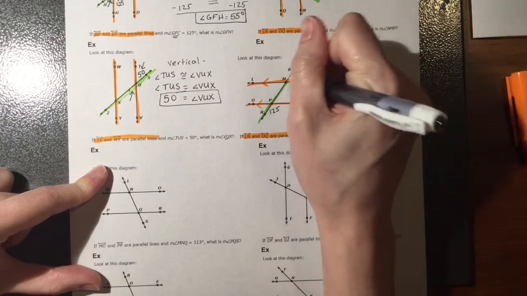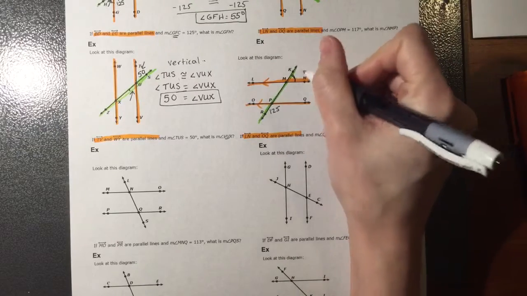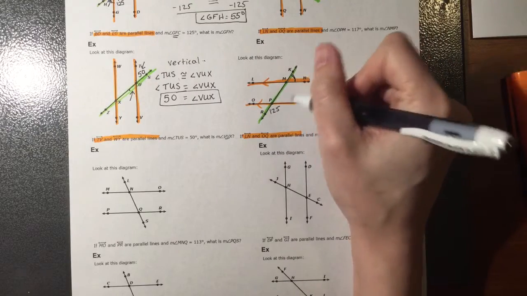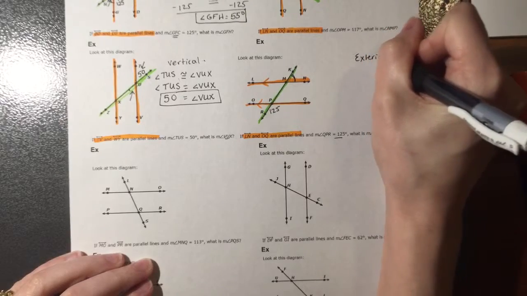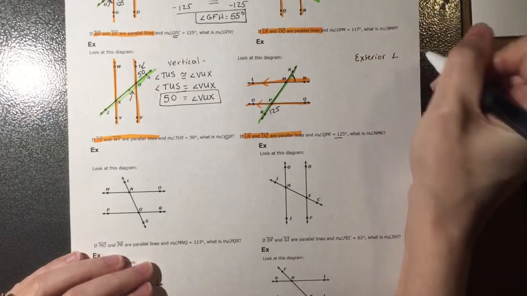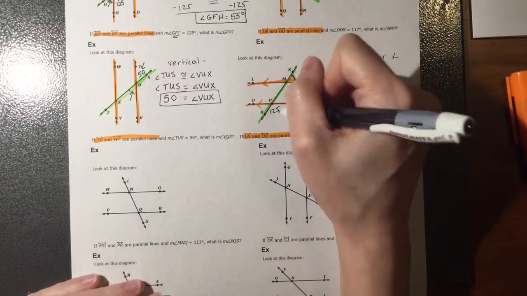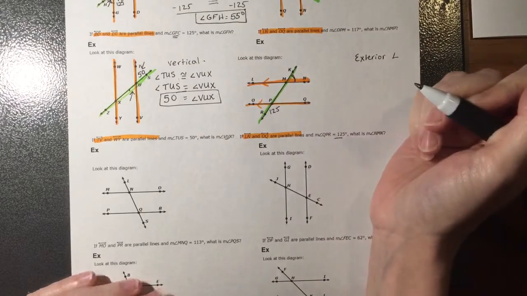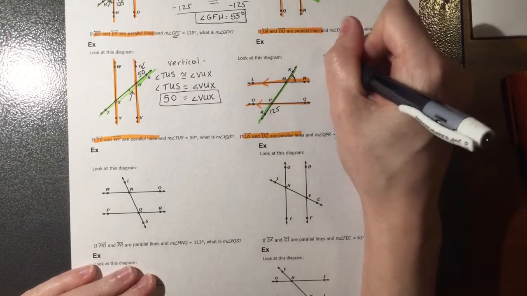So there's NMK. Well, looking at those angles, they're both on the outside, so that means I can talk about exterior. So I'm looking at exterior angles, and they're both on the same side of the transversal. And if you remember, our word for same side is consecutive.